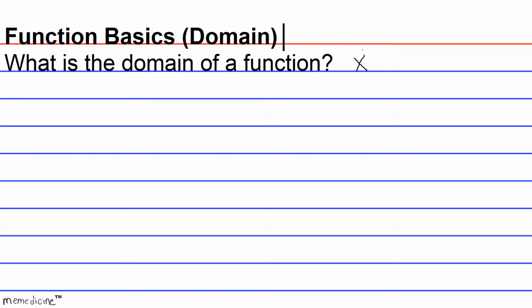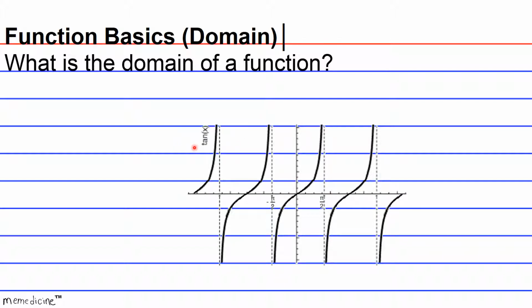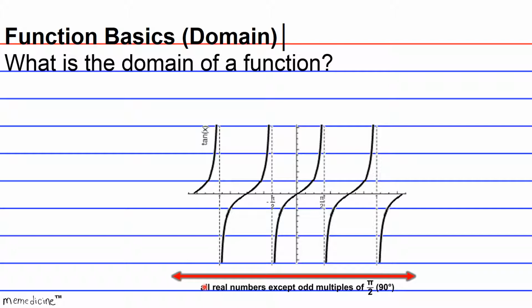As an example, let's take a look at the domain of the trigonometric function, the tangent of x, for a holistic review. The domain of the function tan x is going to be all real numbers except odd multiples of pi over 2.